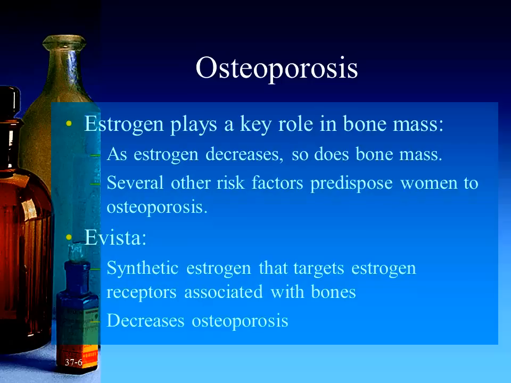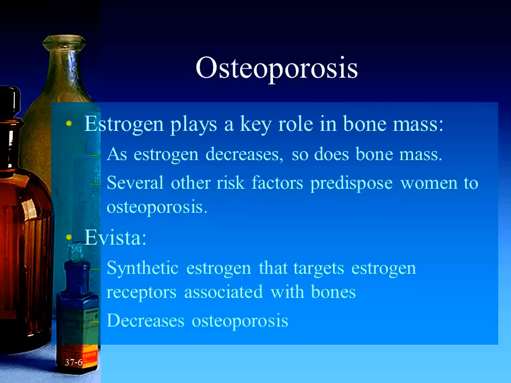The incidence of fractures when you have osteoporosis is much greater, and it's particularly greater in postmenopausal women, about 6 to 1 compared to men of the same age. But it does occur in both men and women.